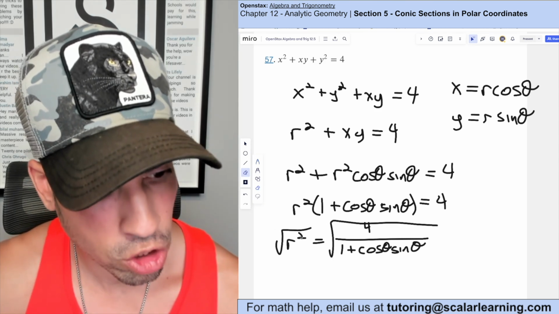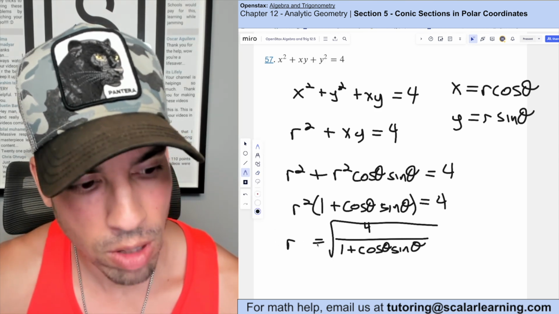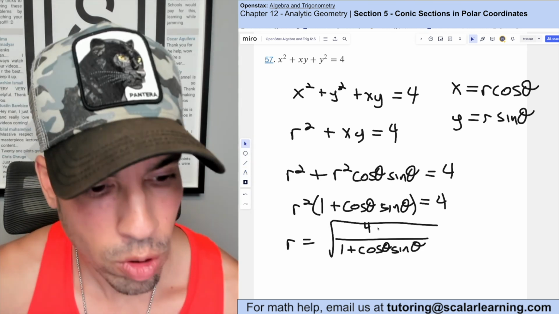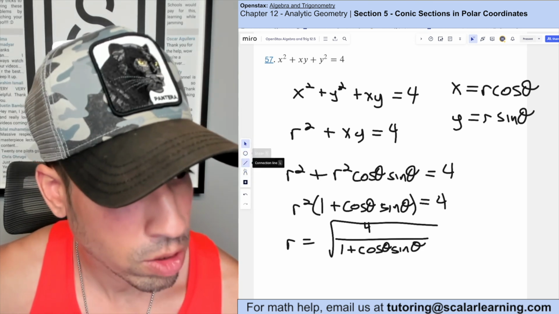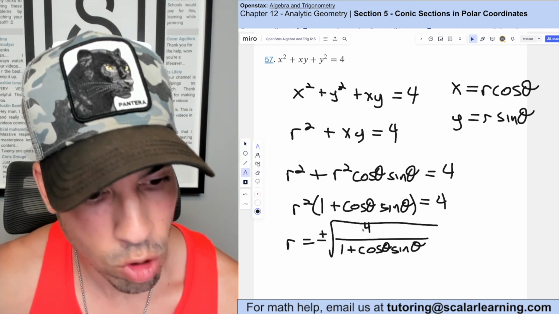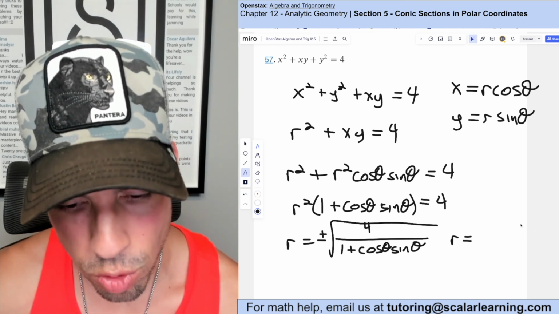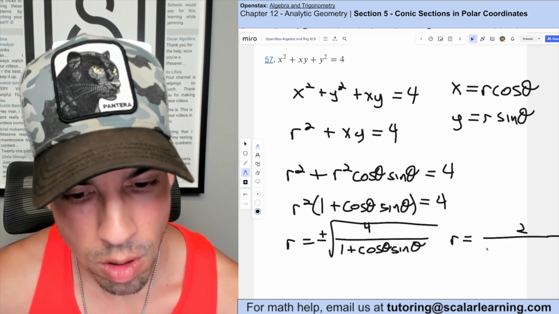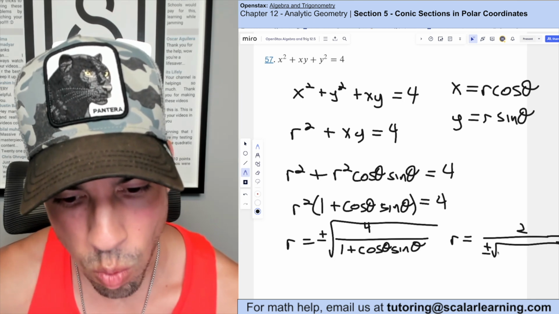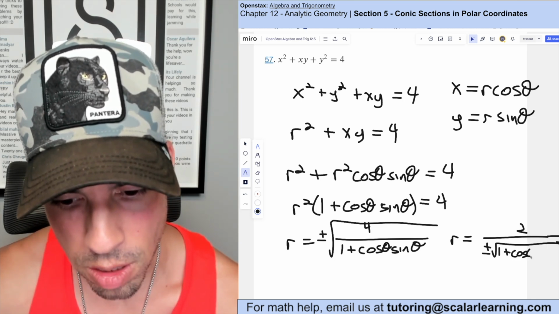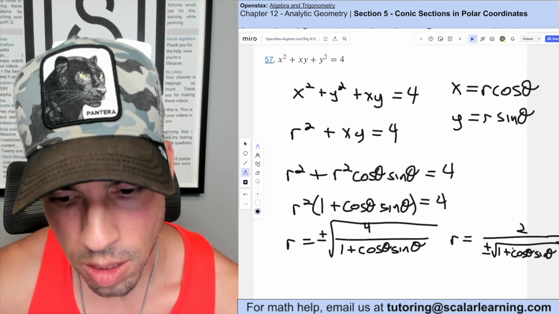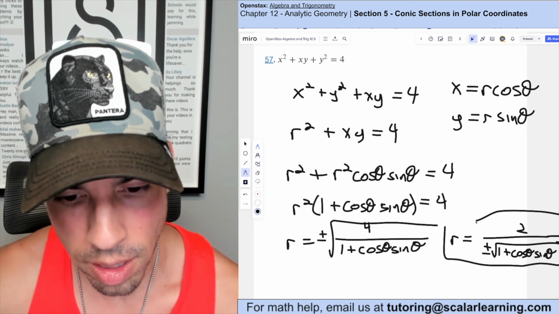Squaring a square just destroys it, and so I've now got r is equal to the square root of 4 over 1 plus cosine theta sine theta, plus or minus, of course, but I can take the square root of 4 on top. So finally, we've got r is equal to 2 over plus or minus 1 plus cosine theta sine theta, and that is how you do it.